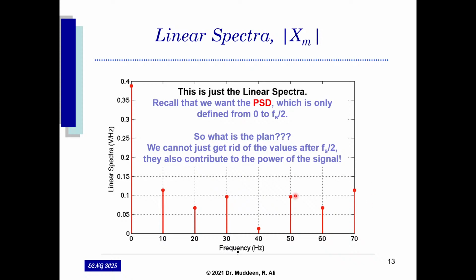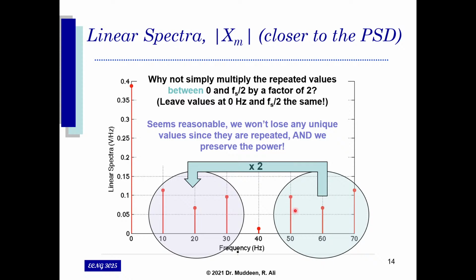So we can't just get rid of these parts here on the right hand side or the left hand side, because they also contribute to the power of the signal. So what we end up doing is that we just multiply this part of the signal here by 2. It's like we just add the two signals together because they're the same magnitudes.